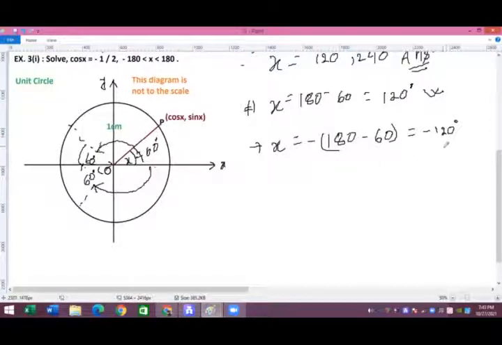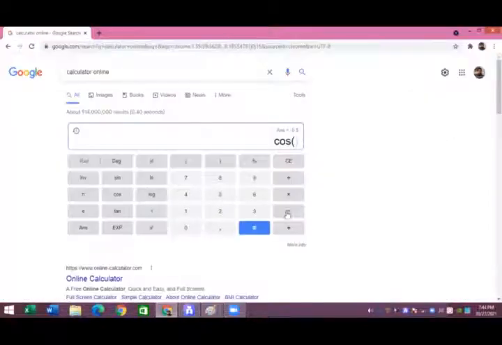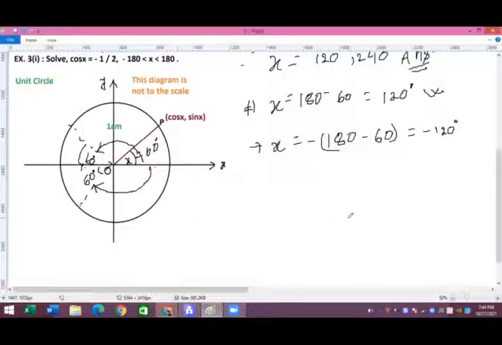So let's check what happens for minus 120 degrees. This is again minus 1 by 2, and therefore this value is true. Why?